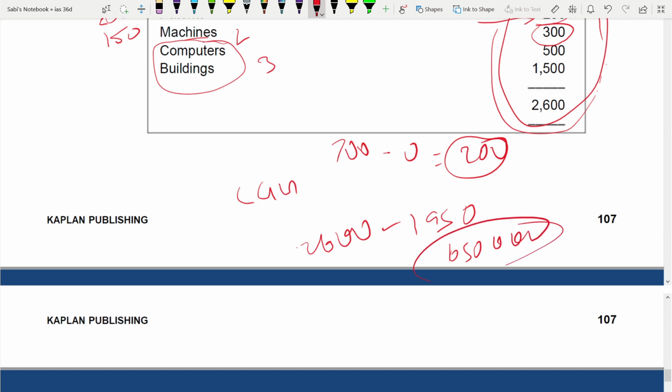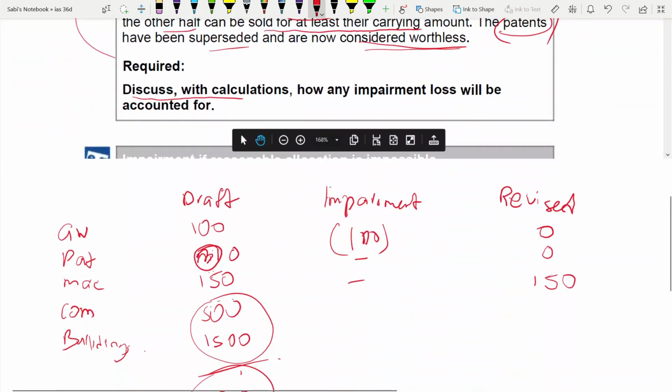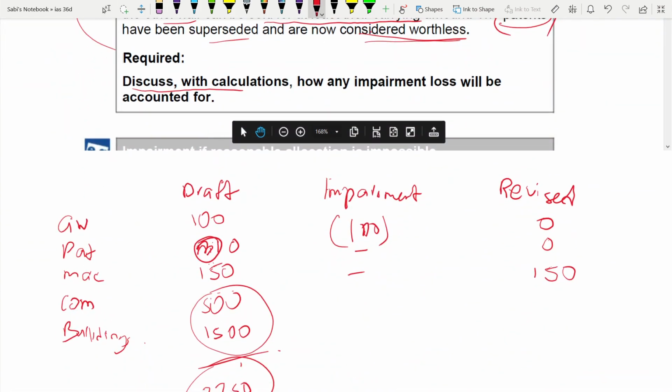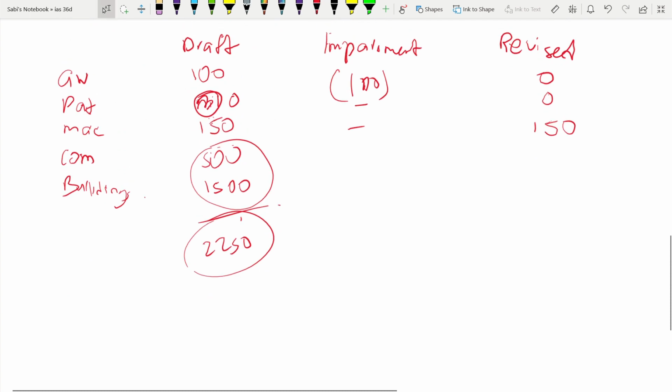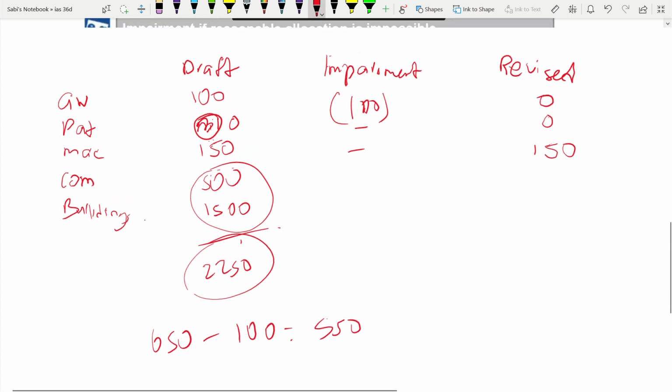So this is the total impairment. Out of the 650, you have already allocated 100 to goodwill. So from the 650 impairment, you have allocated 100. You are left with 550. This you have to take account with the carrying amount of computer and building.